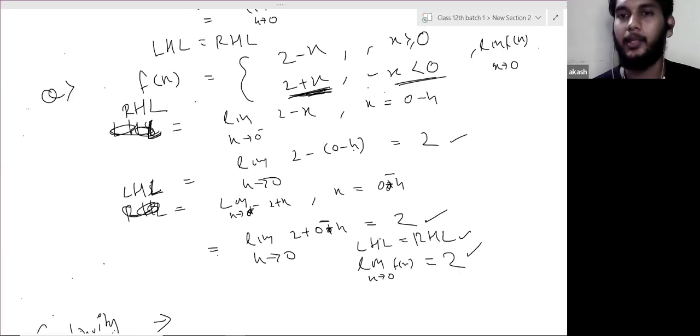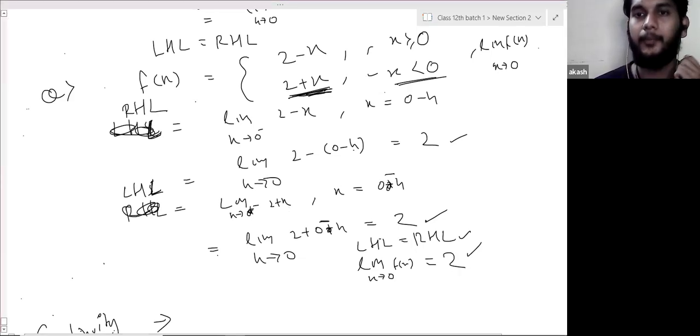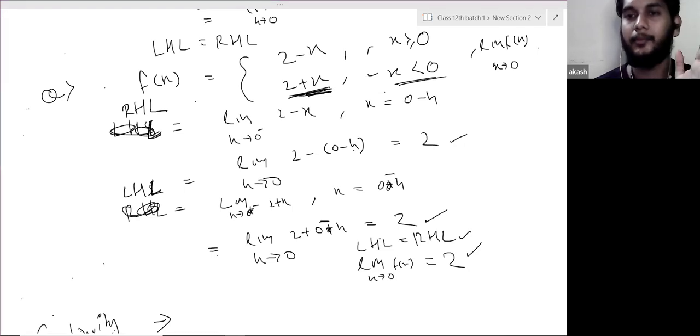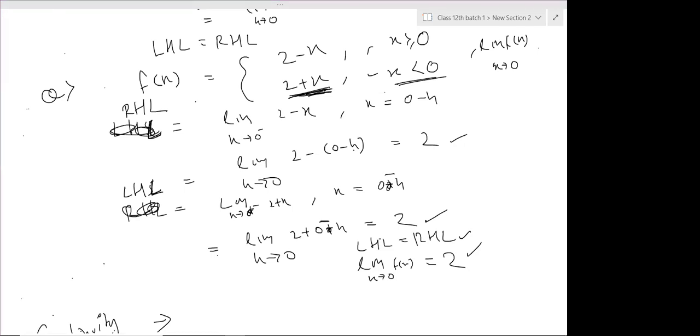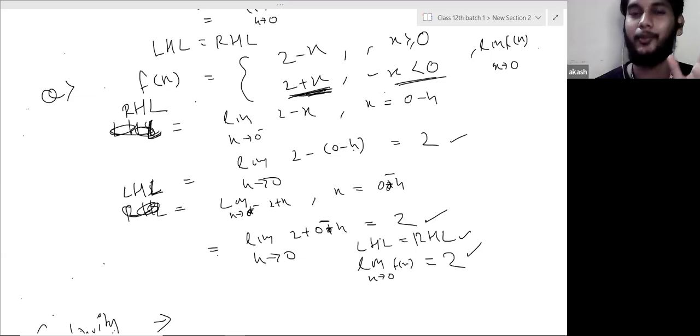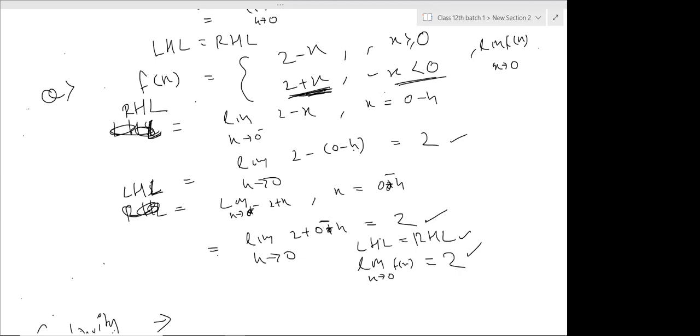Correct, Ronaldo. Absolutely correct. On the LHL, you have to take 2 plus x. Everyone, did you all get it wrong, or did you not notice this, or did you not want to say this? What is happening? Krishna, Sir, I wrote it correct in my book.